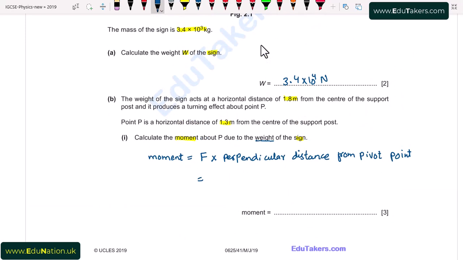That's why the force is equal to weight. So the weight is 3.4 into 10 to the power 4 multiplied by the perpendicular distance, 1.8 minus 1.3, and the moment comes to be 1.7 into 10 to the power 4. The unit of this is newton meter. The moment is equal to 1.7 into 10 to the power 4 newton meters.